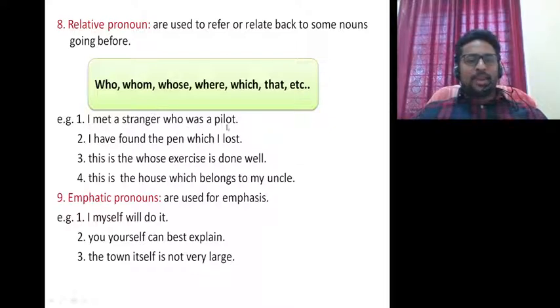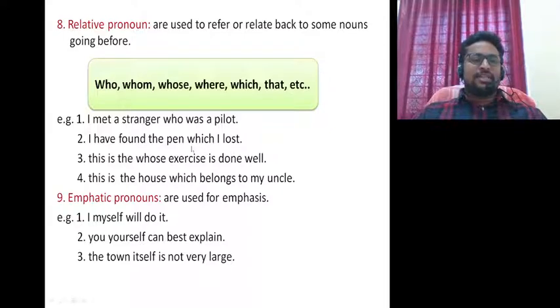Who was a pilot. I have found the pen which I lost. Whatever pen I lost, I found it back. So I have found the pen which I lost. Which pen did I find? Whatever pen I lost, I found it back. So which is showing the relation to the previous noun.